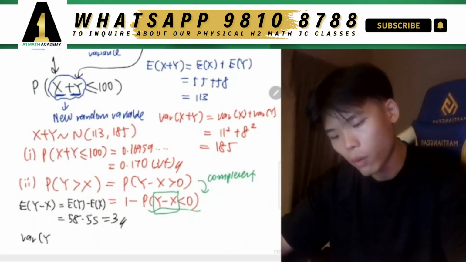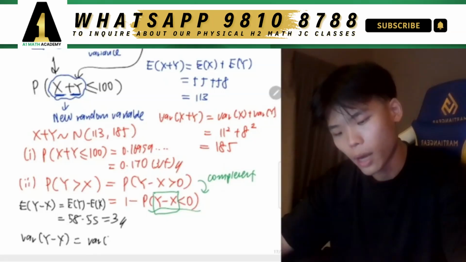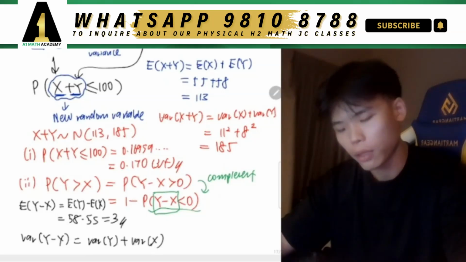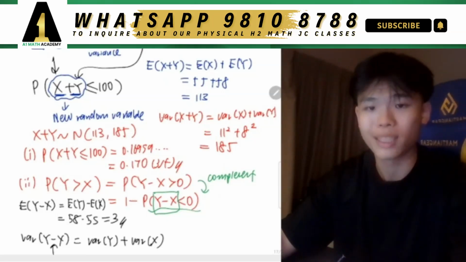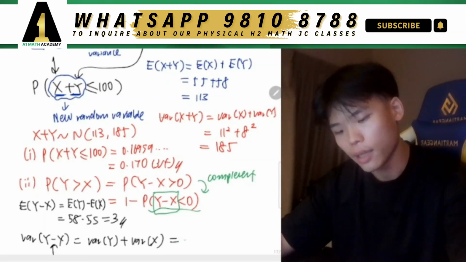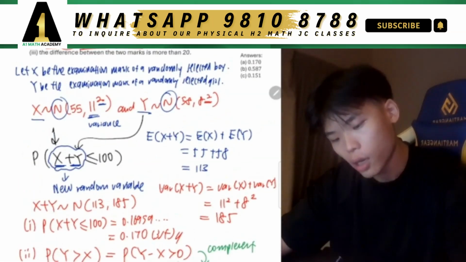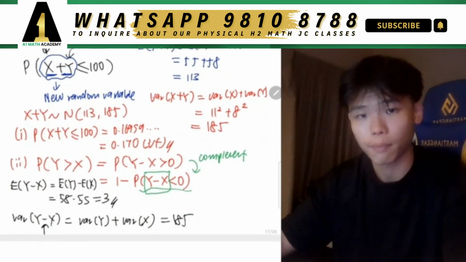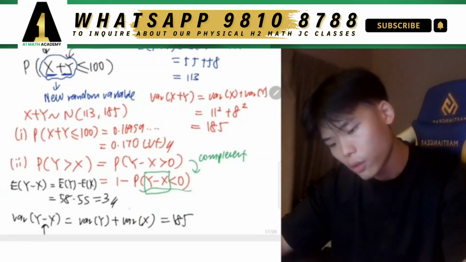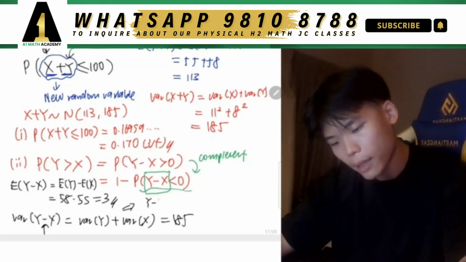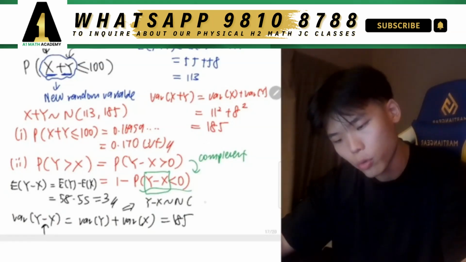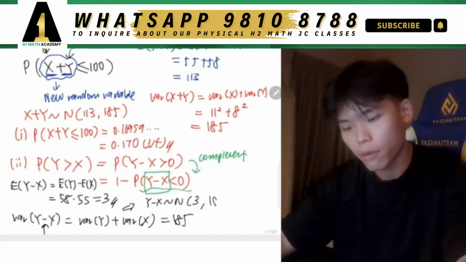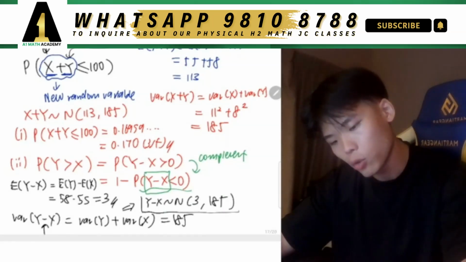The variance of Y minus X will be the variance of Y plus the variance of X, right? Because remember, if it's minus, we will always add the variances together. And in the end, you have the same value as before, 185. It's the same as the previous example. So therefore, Y minus X is also normally distributed with a mean of 3 and a variance of 185. So now these are our new parameters.